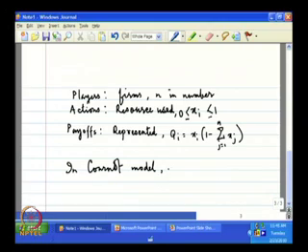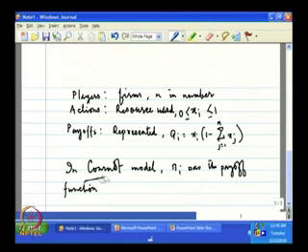So, maximize pi i was the payoff function which they were maximizing, and it was given by xi multiplied by (alpha minus c minus x1 minus x2).